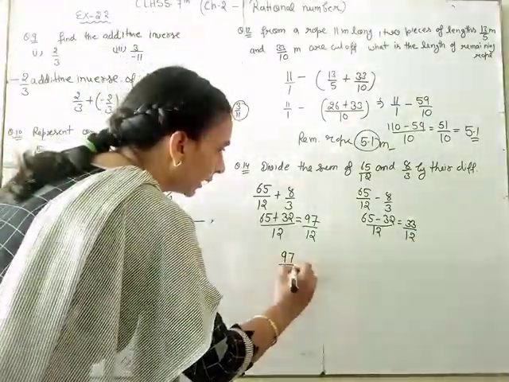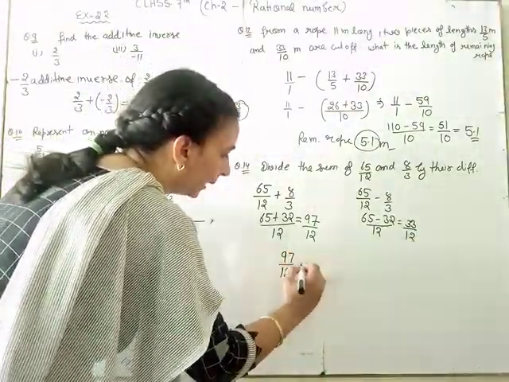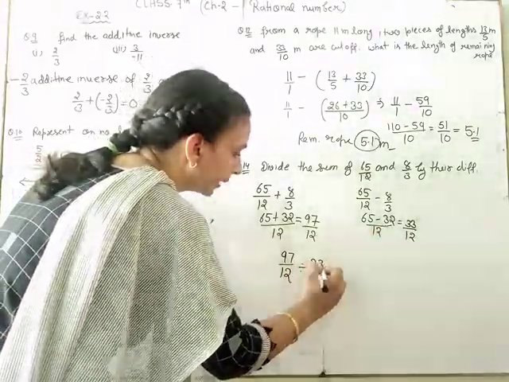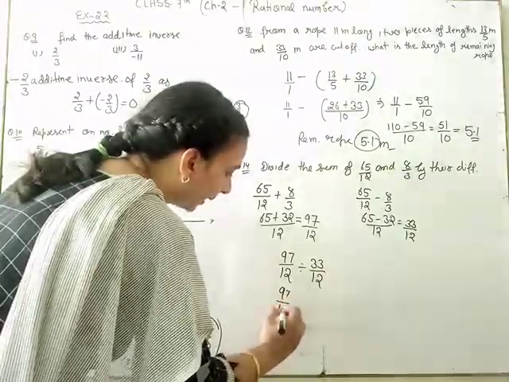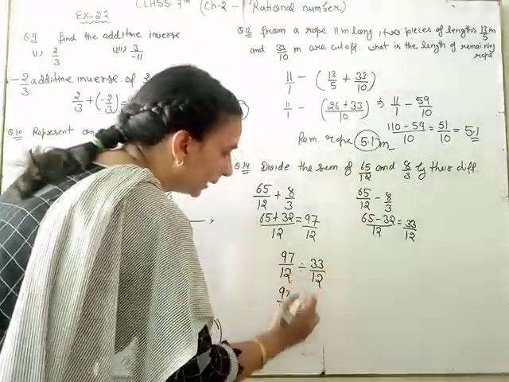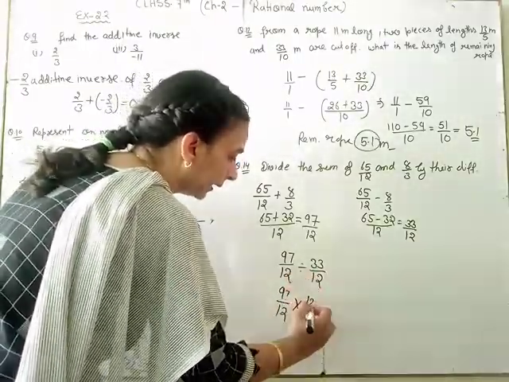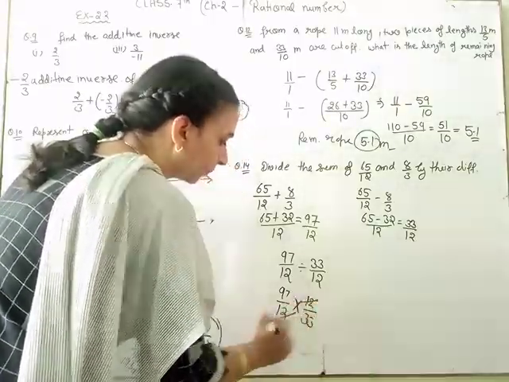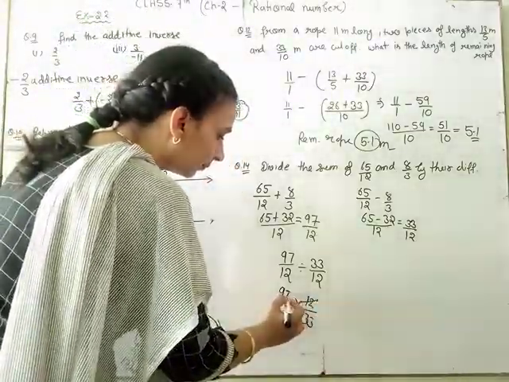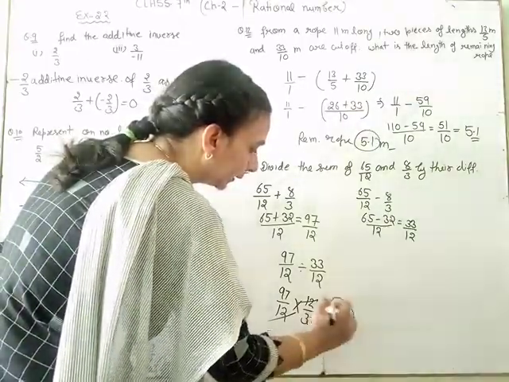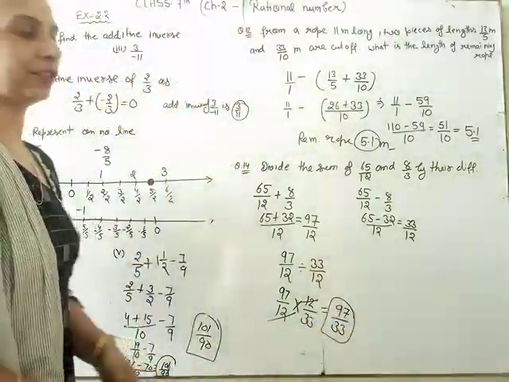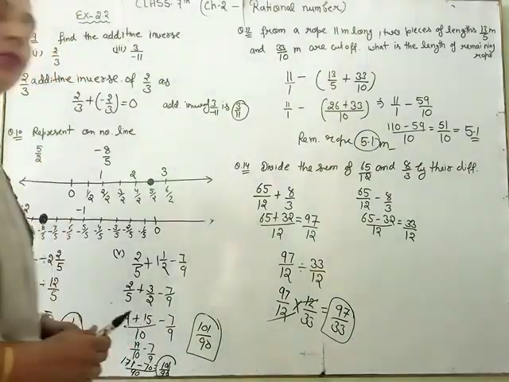According to the statement, 97/12 divided by the difference 33/12. In place of divide we write multiplication and take the reciprocal of this, cancel out. Okay, and this equals 97/33. You can find it in mixed fraction. Okay, next move to the next question.